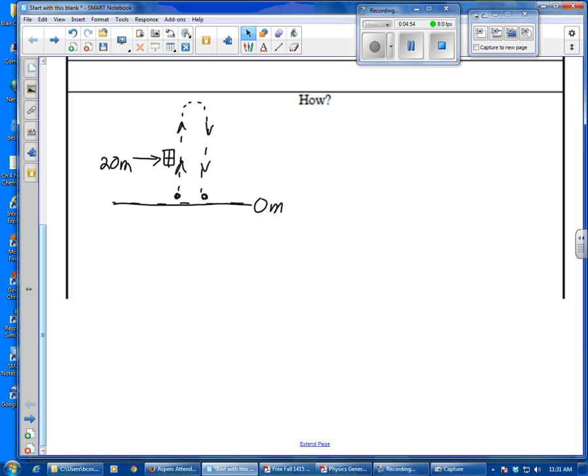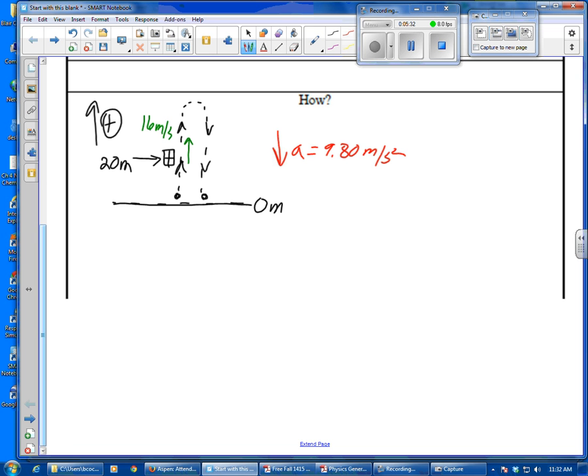And I know that this whole time it's accelerating down at 9.80 meters per second squared. Which way do you want to call positive? Up, okay. Call up positive. And right here, it's going at 16 meters per second upwards, right?